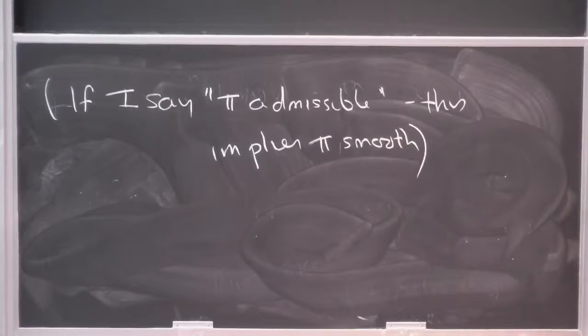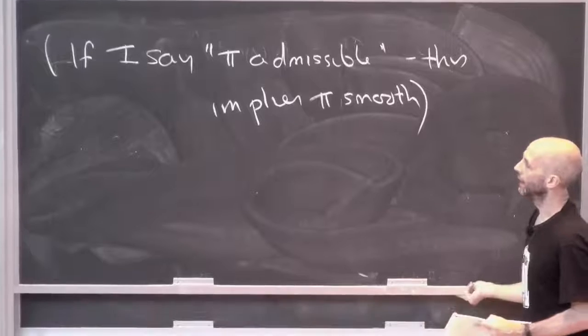So that's just a clarification. So really I should call it smooth admissible. Because you could imagine defining admissible just to be that thing there, and then applying it in situations where pi isn't smooth. So admissible is going to mean smooth and admissible.